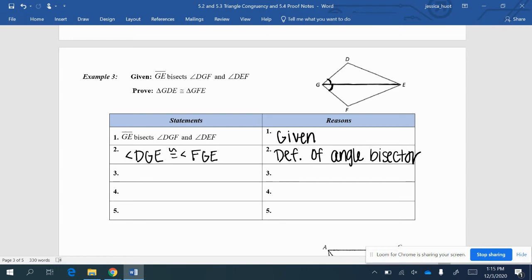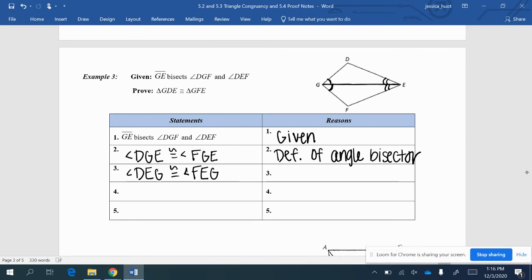And then again, it also says that GE bisects angle DEF, so it cuts this angle exactly in half. Notice how I'm using 2 arcs now because I already used 1 right over here. Now I have to name those 2 angles. So angle DEG is congruent to angle FEG.